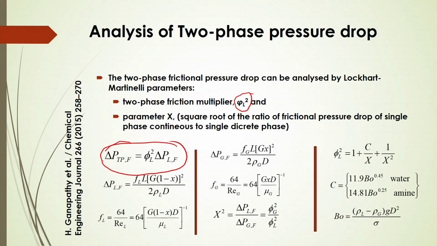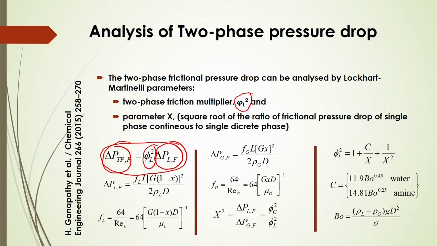This is your two phase frictional pressure drop, which will be some multiplication of the single phase frictional pressure drop. It may be delta P TPF equal to phi G square into delta P GF also. So, there is a two phase friction multiplier for gas and for liquid, phi L and phi G.